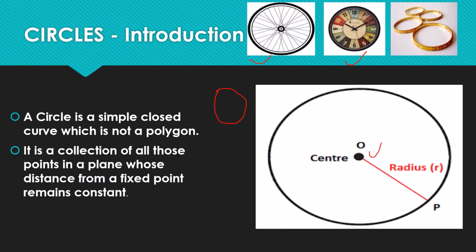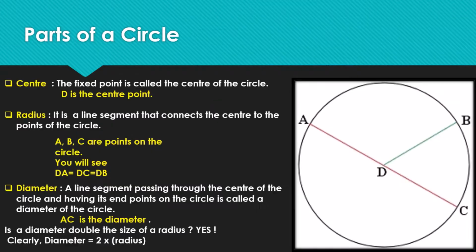Here, like point P or any other, all have the same distance from a fixed point. If we keep a point here like X, then all have the same distance from the center. Got it? And this fixed point is called the center point.